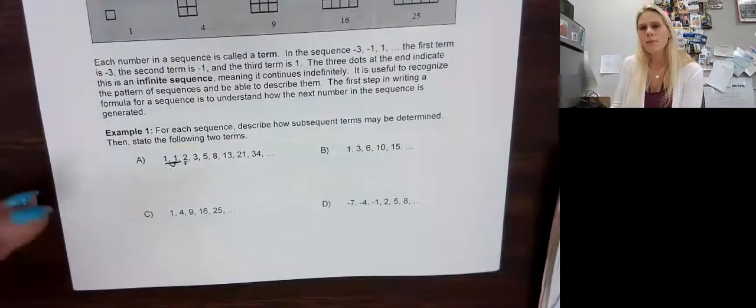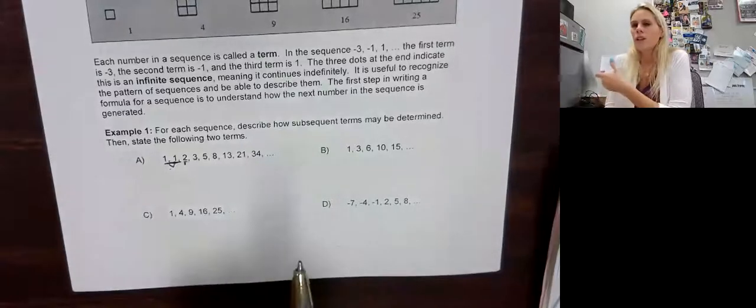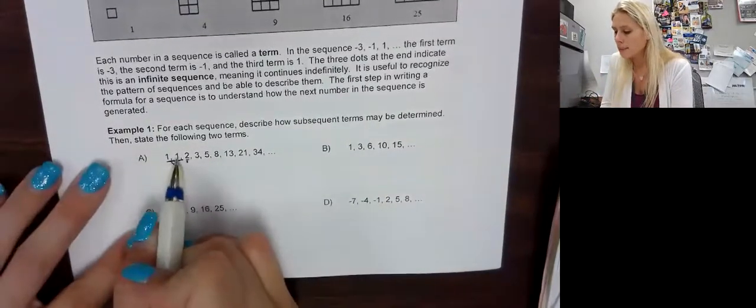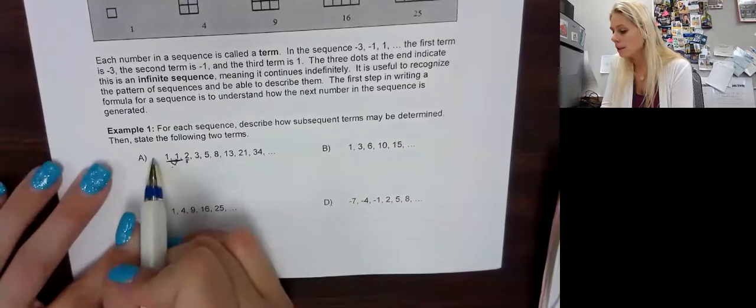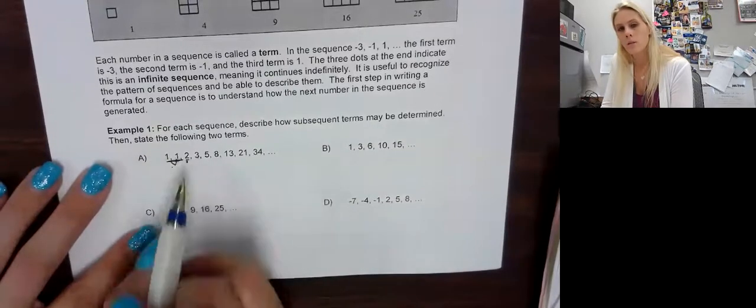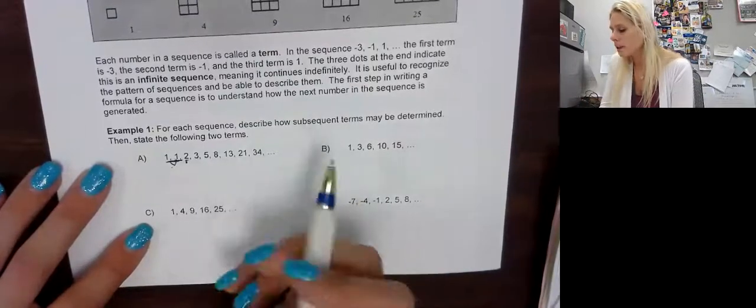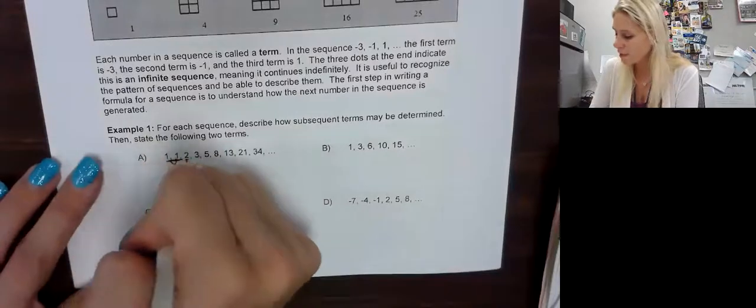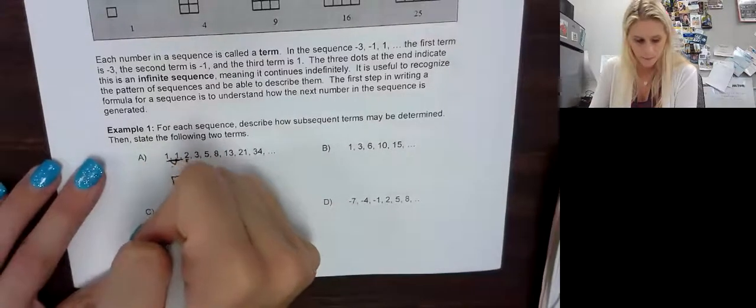So let me go back. If we're adding the first 2 terms in front of the term, that makes sense, because this would be 0, and 0 plus 1 is 1. Okay, so this pattern is actually what we call a Fibonacci sequence.